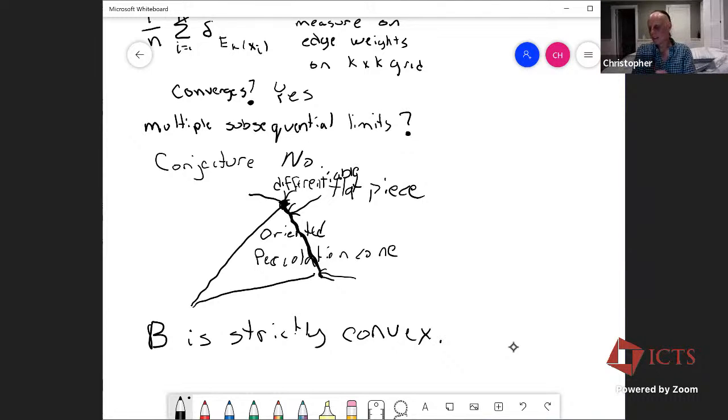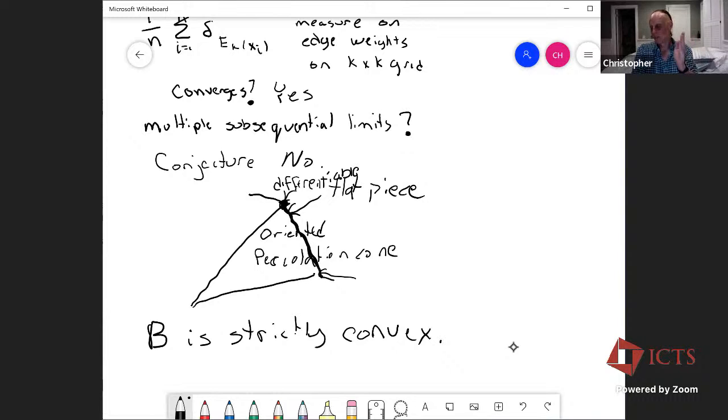So what we know in the oriented percolation case is you can go arbitrarily close to one edge of the cone, and then you can shift up and go close to the other edge of the cone, and you can do this. In essence, that gives you two different limiting measures that you see along geodesics, because sometimes your geodesic is going in one direction and sometimes it's going in another direction, and it can do this for longer and longer periods of time.